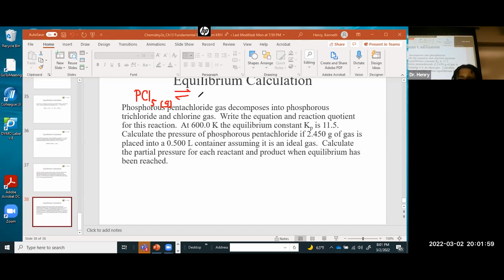What is it decomposing to? PCl3 and Cl2. Okay, now what's next?